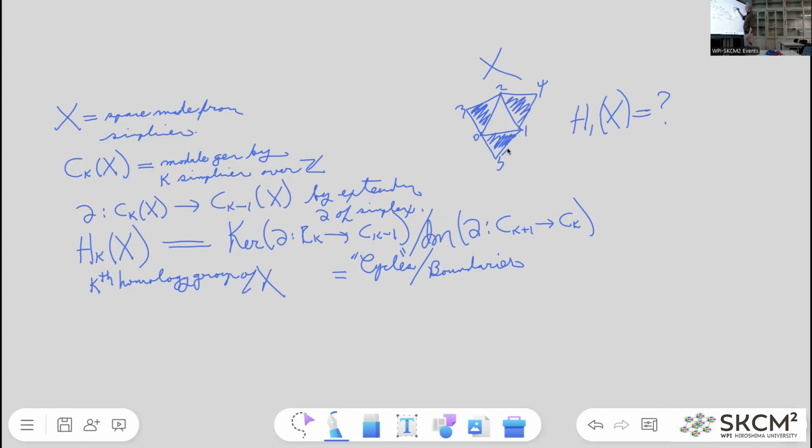But you see that there is a cycle. Namely, if I looked at alpha and I said alpha will be equal to 0,1 plus 1,2 minus 0,2, then boundary of alpha is equal to 0. That's what we just worked out before. That's a little curve going around.